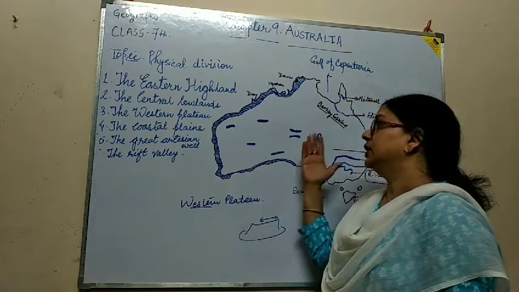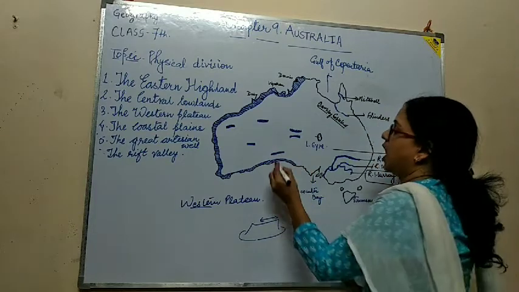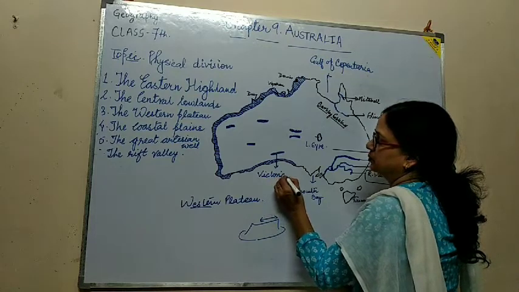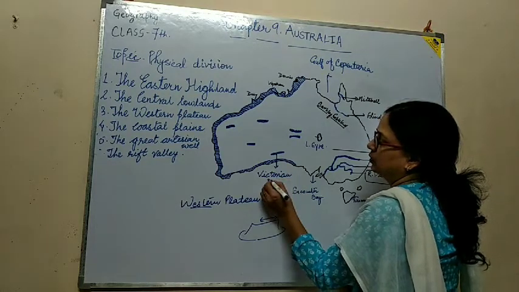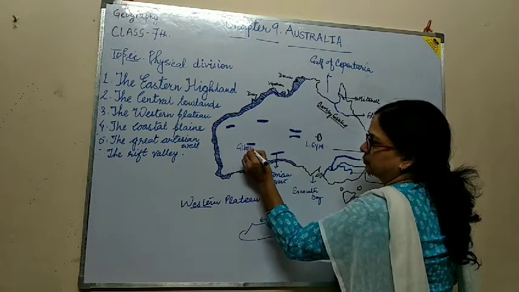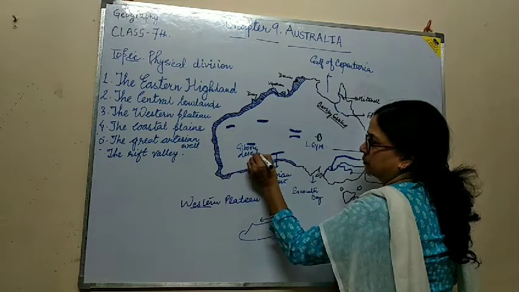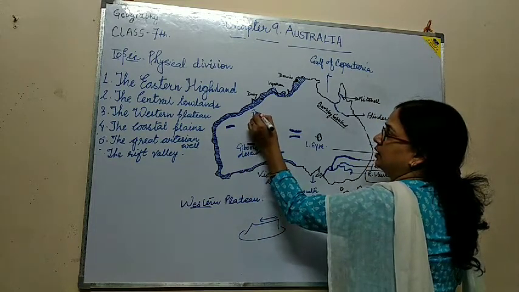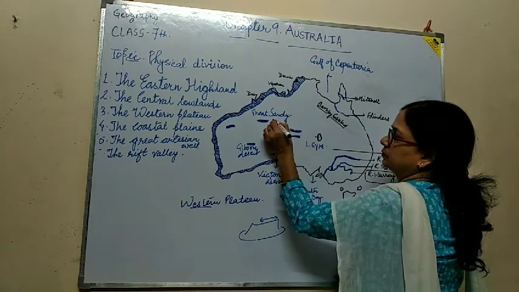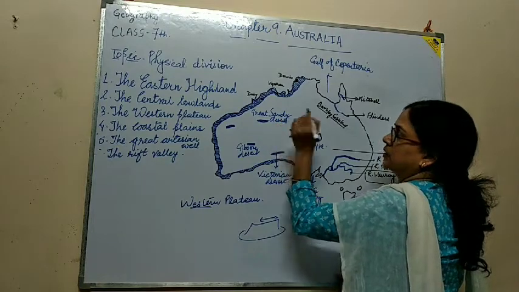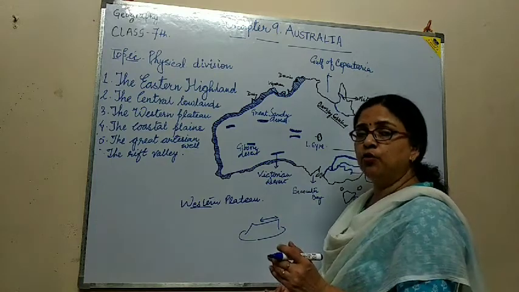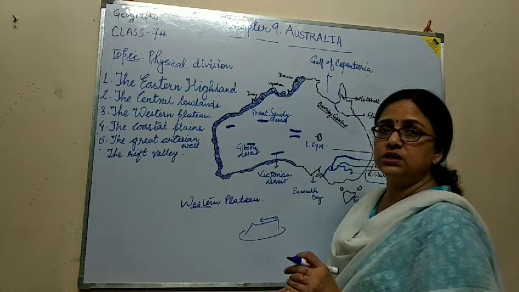Some of the deserts are the Victorian Desert, the Gibson Desert, as well as the Great Sandy Desert, which lie in this plateau. Along with it, some of the important ranges also lie on this plateau.